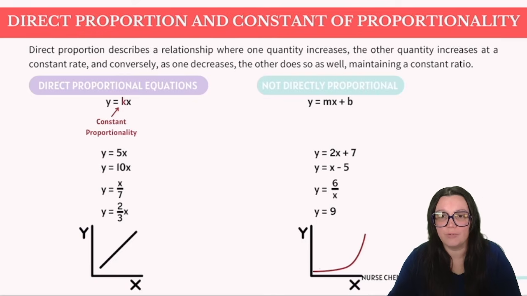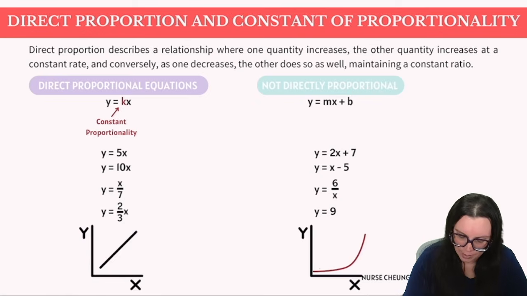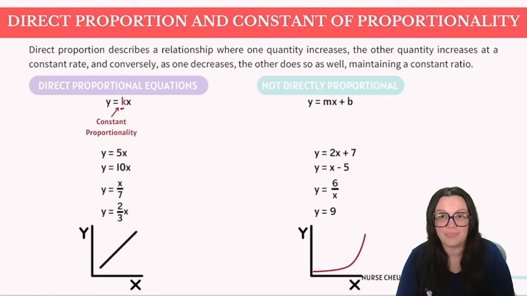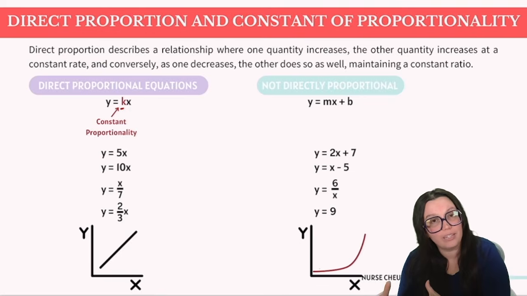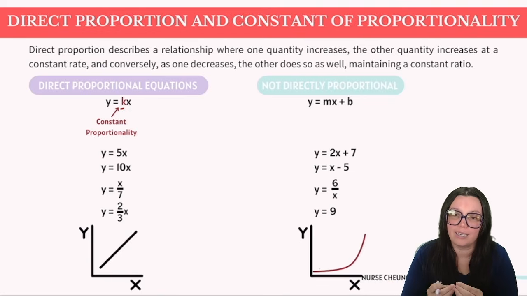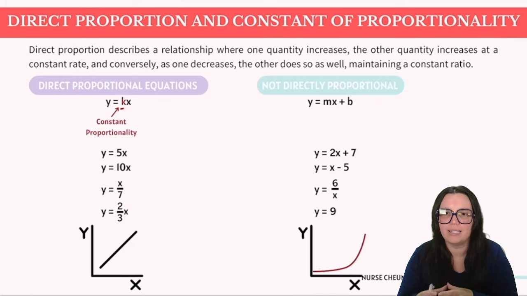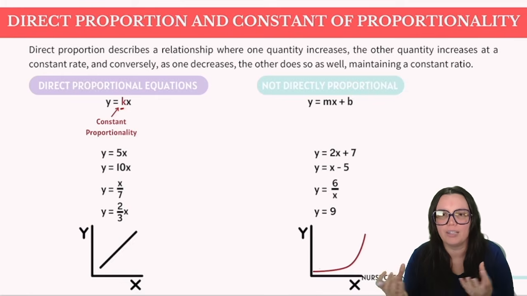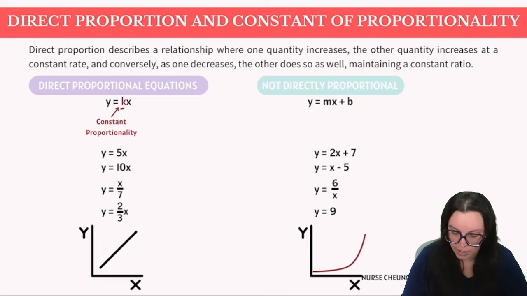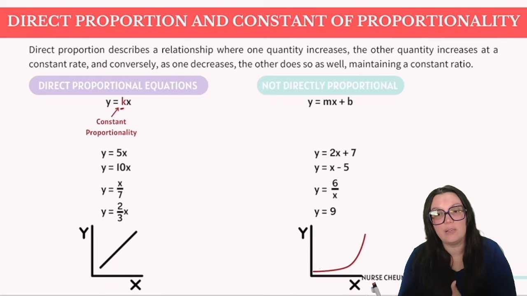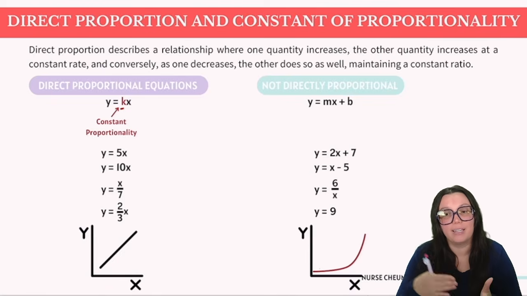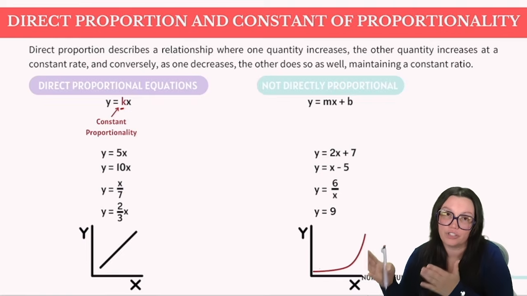So this constant rate is known as constant of proportionality, and it's symbolized with the letter K. It quantifies that direct relationship between two quantities. So in mathematical terms, when we're looking at this, the two quantities of x and y are going to be directly proportional. So we're going to use the equation y is equal to kx, where k is that constant of proportionality.